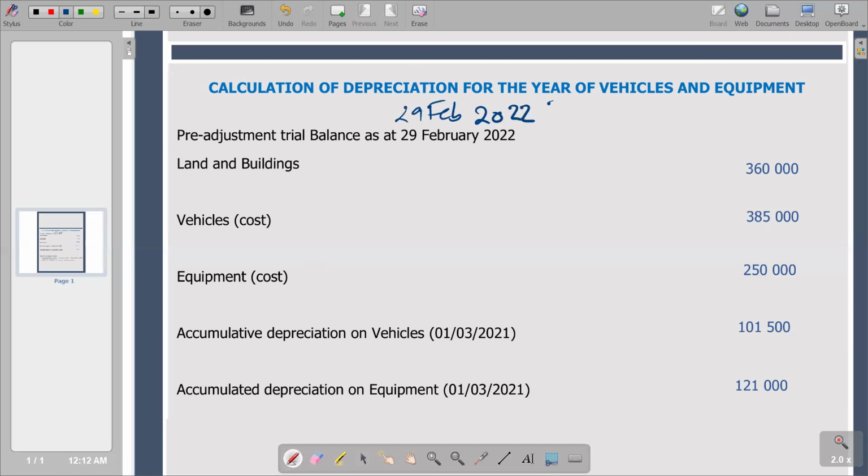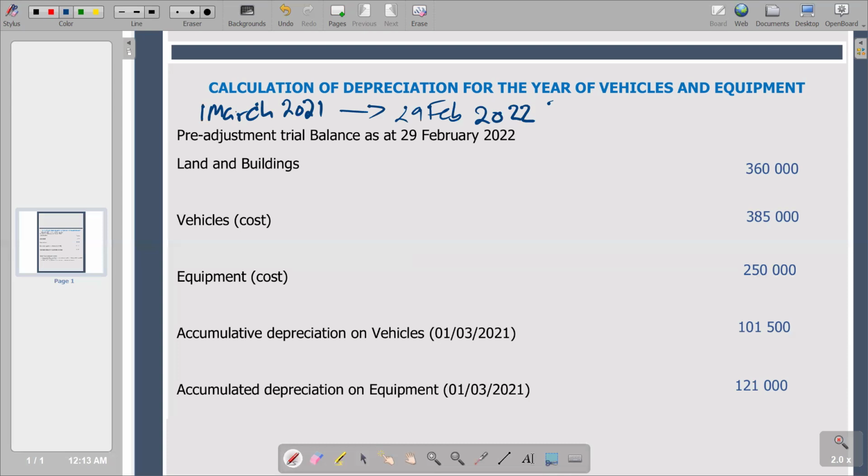So it means it started a year before the date that we have there. So obviously this is going to be 1 March 2021. So this becomes our financial period.